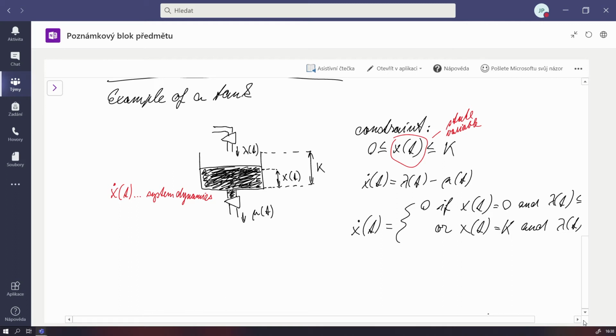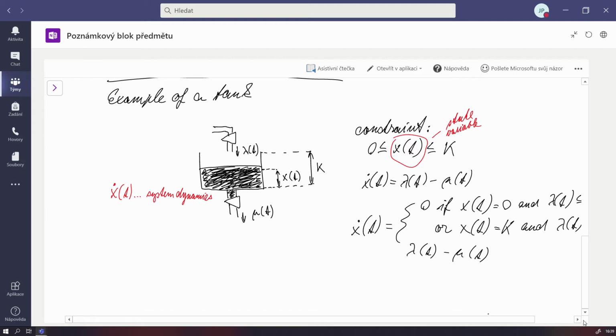Otherwise, the dynamics is the difference between inflow and outflow. So if the system is not constrained by 0 or by K, then the dynamics is represented by the difference.